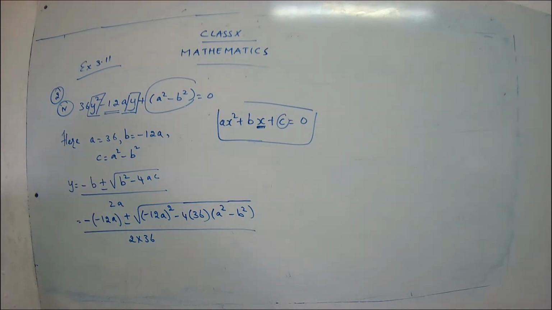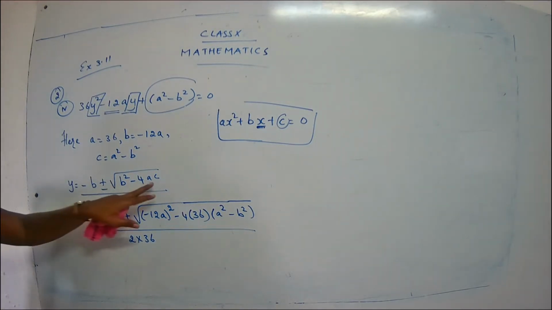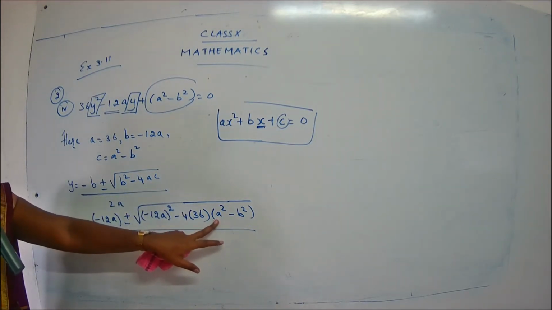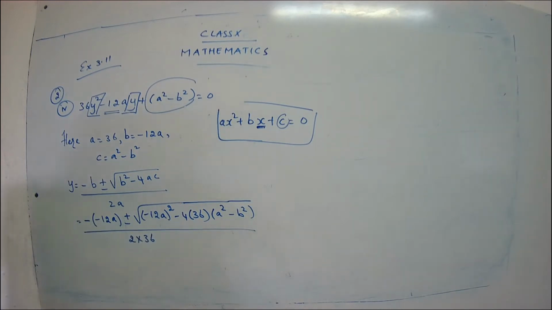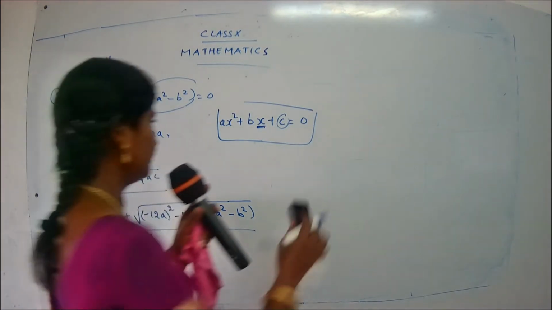Have you taken it down, children? I have just substituted the value for a, b and c. When you substitute the value for c, just put it in brackets. Do not write the terms without brackets. You have to put the value for c in brackets so that we can expand it and solve it. Okay, now let's open the bracket.